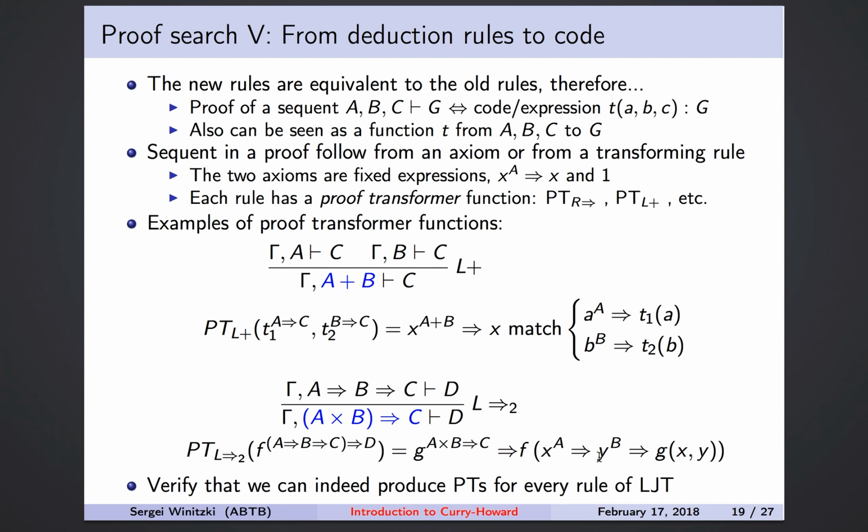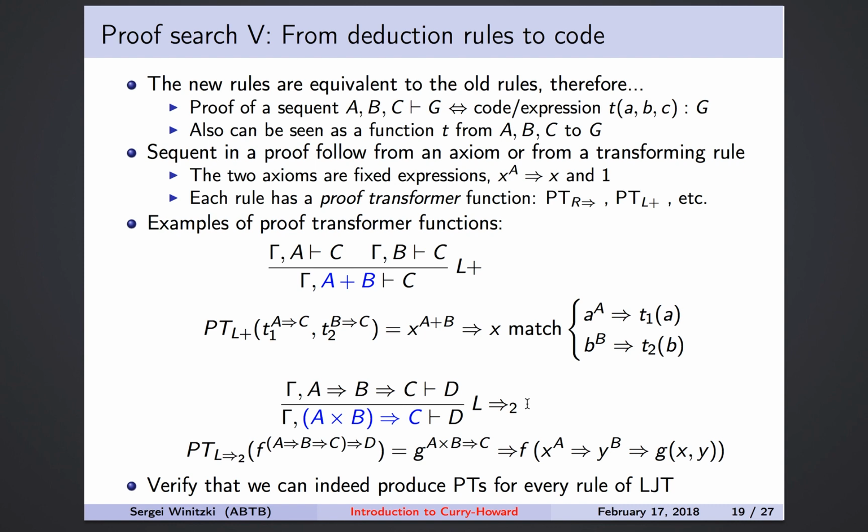X of type A going to y of type B going to g of xy. So this is a function of type A to B to C, which is the argument of f as required. And the result is of type D. So that is what we write. So this kind of code is the proof transformer for this derivation rule.